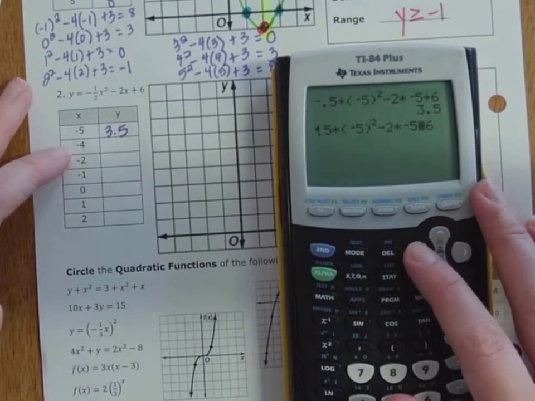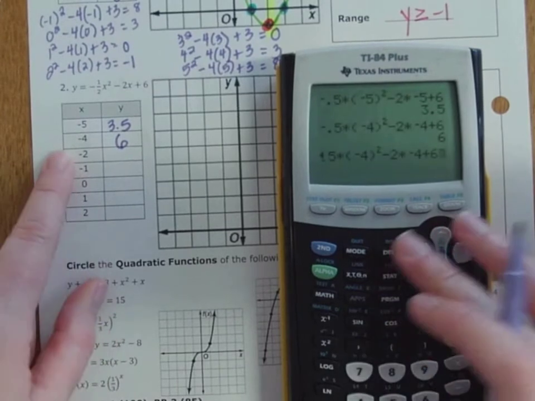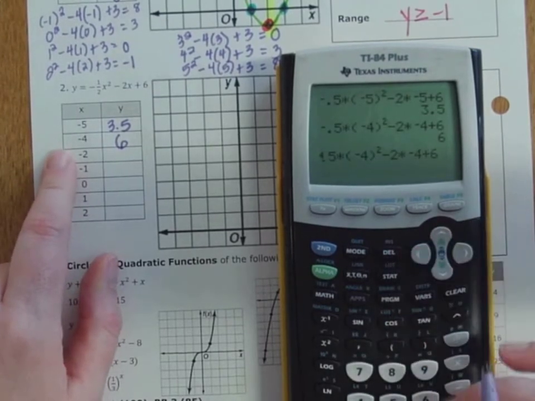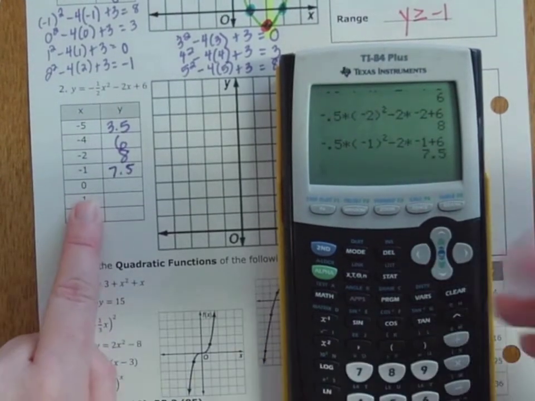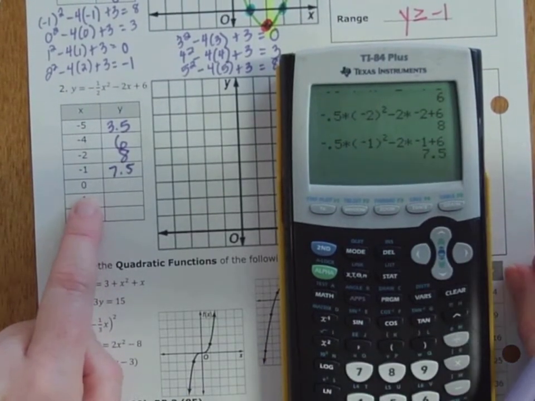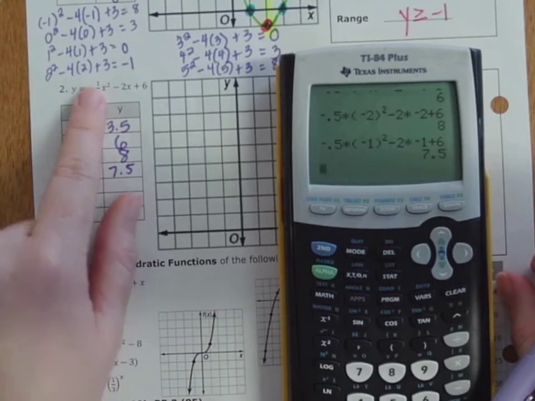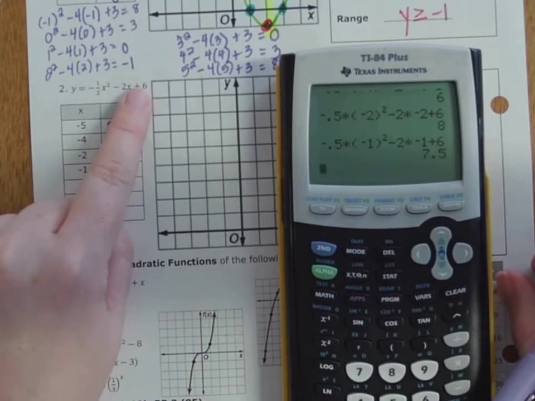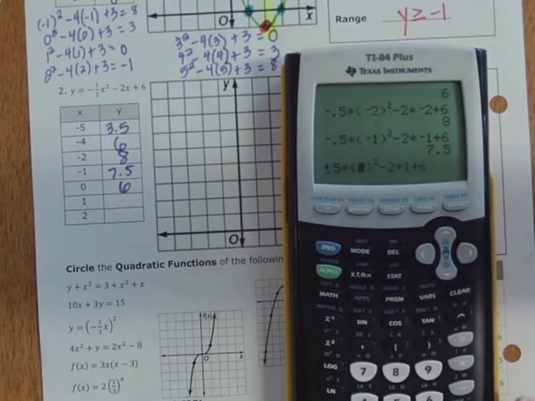So I'm going to plug in negative 4. Do it again. Plug in negative 2. Plug in negative 1. I'm not going to use the calculator for 0 because I can plug in 0 quite easily. 0 minus 0 plus 6. Change that to a +1.